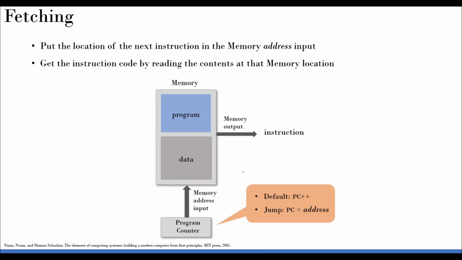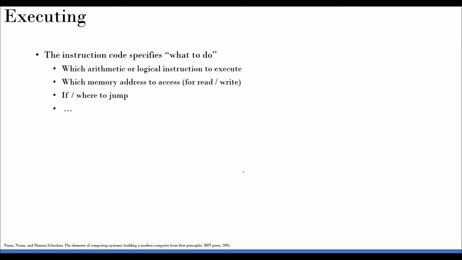But overall, fetching is basically the operation where the instruction has to be fetched to the instruction register. So that's a key takeaway. And of course, in executing, this is based on the instruction. So it may be some arithmetic or logical instruction, and then of course, which memory address to access.